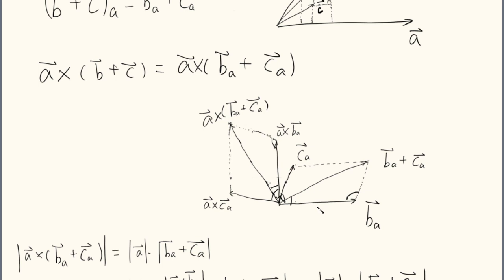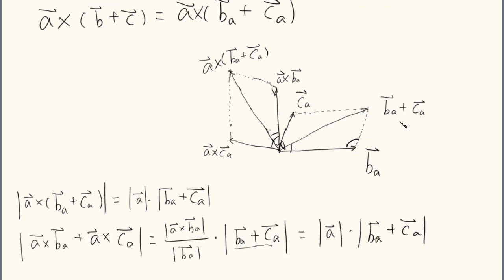The ratio is A. So the length of this vector is BA.